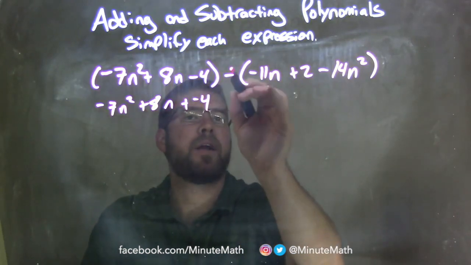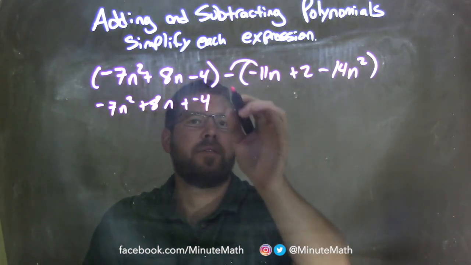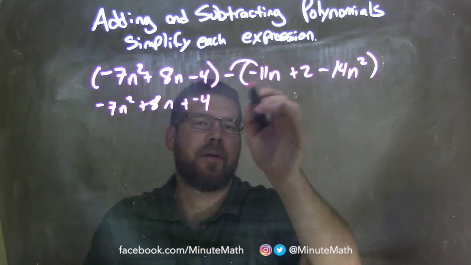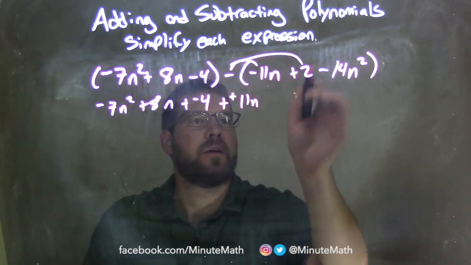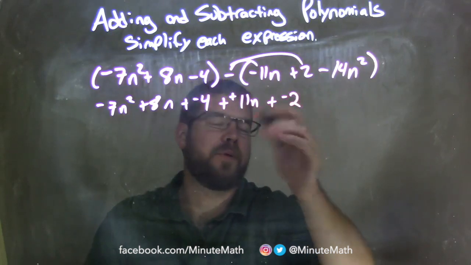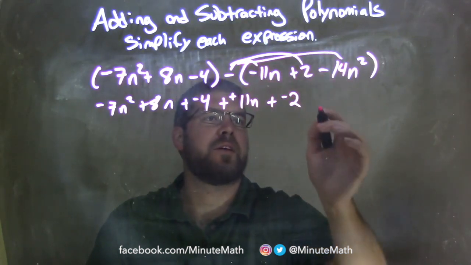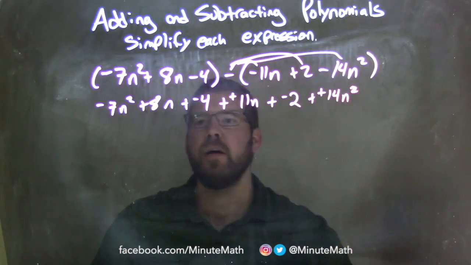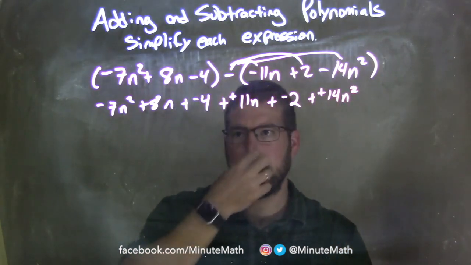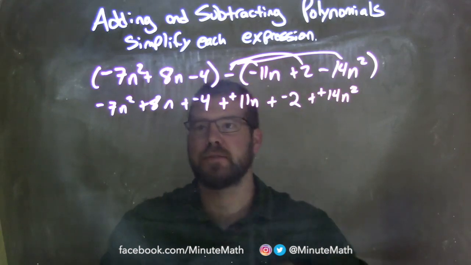Then I'm going to distribute this minus sign across to all parts here. So negative times negative 11n is a positive 11n, plus a negative 2. Distribute again across, a negative times a negative is a positive 14n squared. Then from there, I'm going to rewrite this to have my like terms together with my highest degrees first.